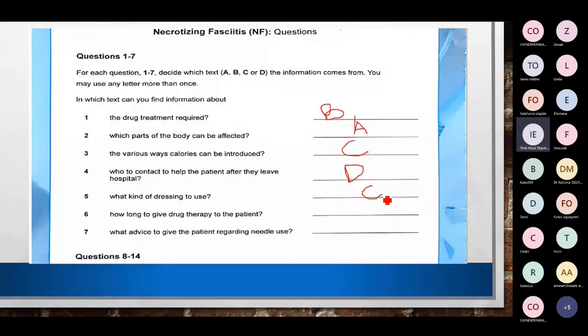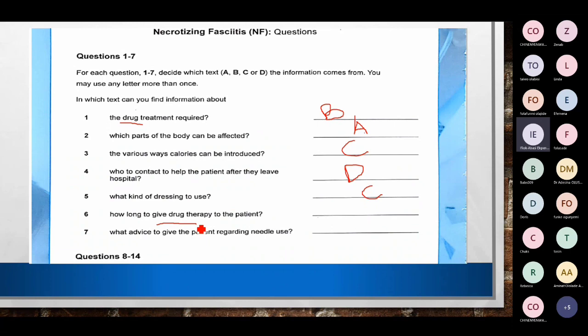Without even thinking twice, you can see that question number 1 talked about drug before, and number 6 also talks about drug. If your answer to number 1 is B, it is expected that your answer to number 6 should be B. But always confirm, so that had you missed your number 1, and by the time you have gone to 6 you got it correctly, you can go back and correct your number 1 to be B. Does that make sense?